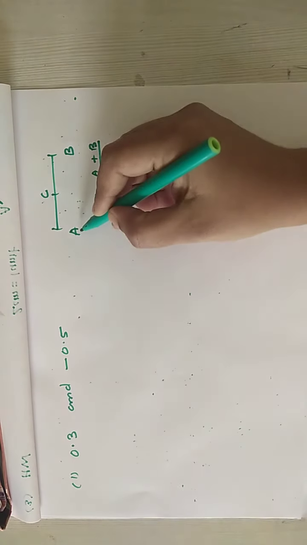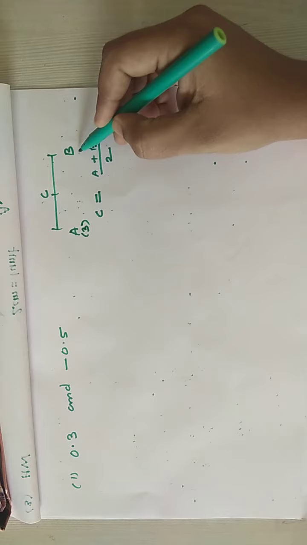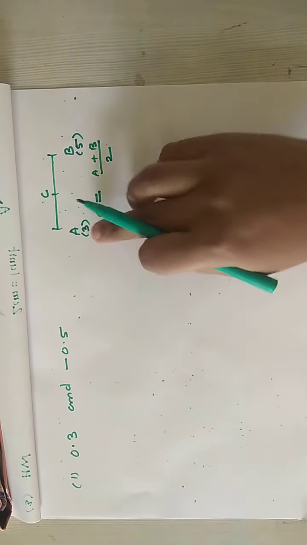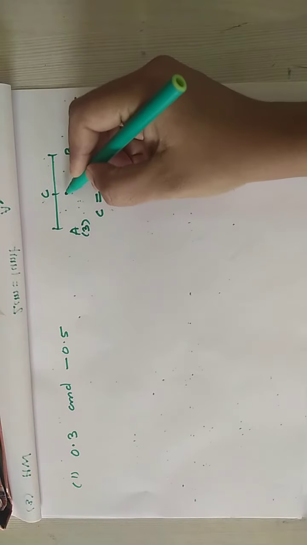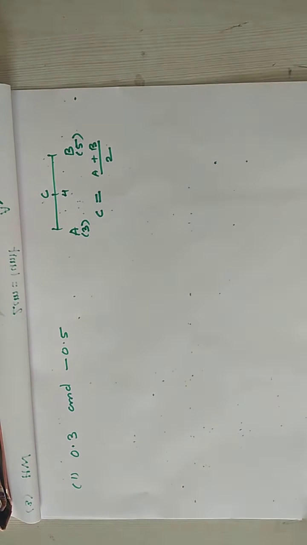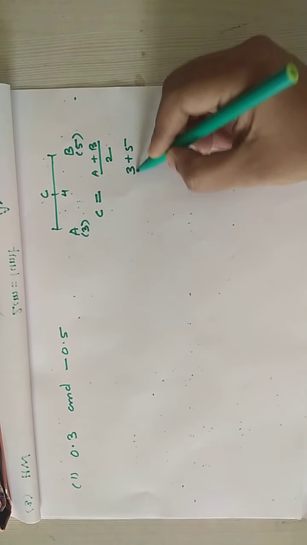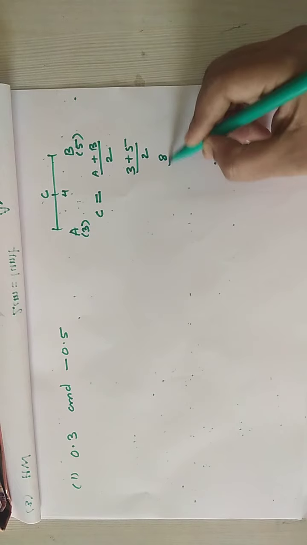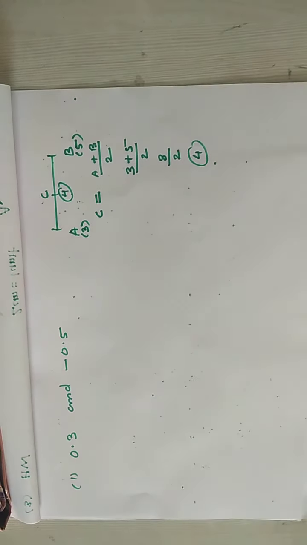So for example, if the coordinate of A is 3 and the coordinate of B is 5, we know number line 3 and 5, right? The midpoint of 3 and 5 should be what? 4 should be there in the center. Let's see whether this formula helps us or no. So 3 plus 5 upon 2, that is 8 upon 2, that is 4. Yes, we are getting the midpoint as 4.